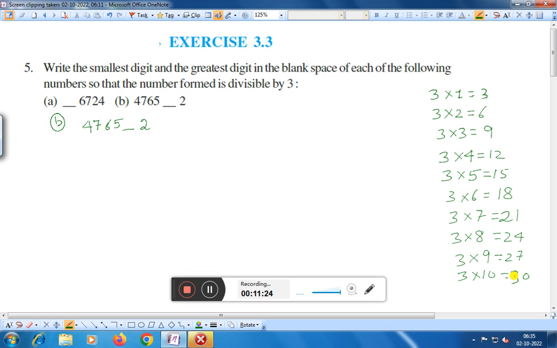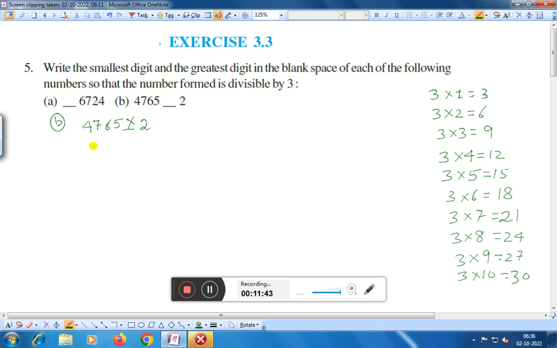Right? Now you see, what is the divisibility rule of 3? First of all, we have to add all the digits, and if that sum is divisible by 3, then the number is divisible by 3. Let us take the blank digit as x.